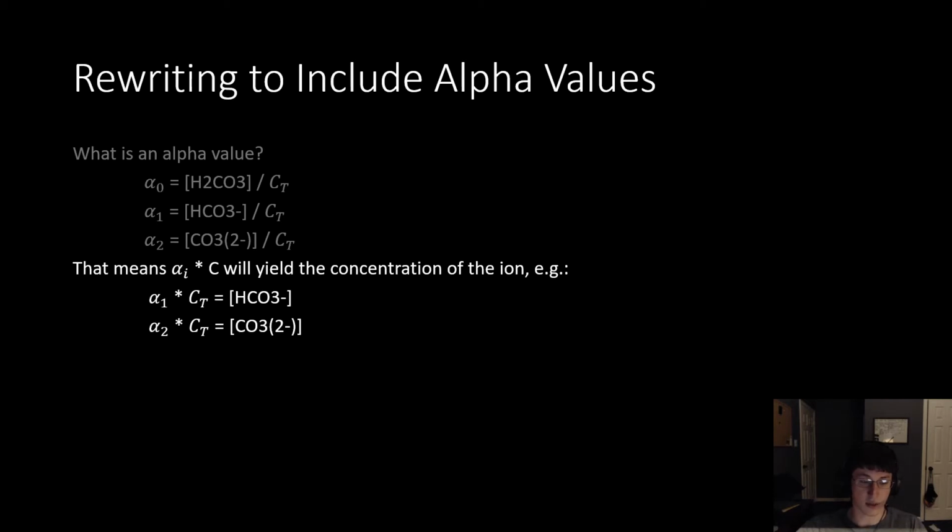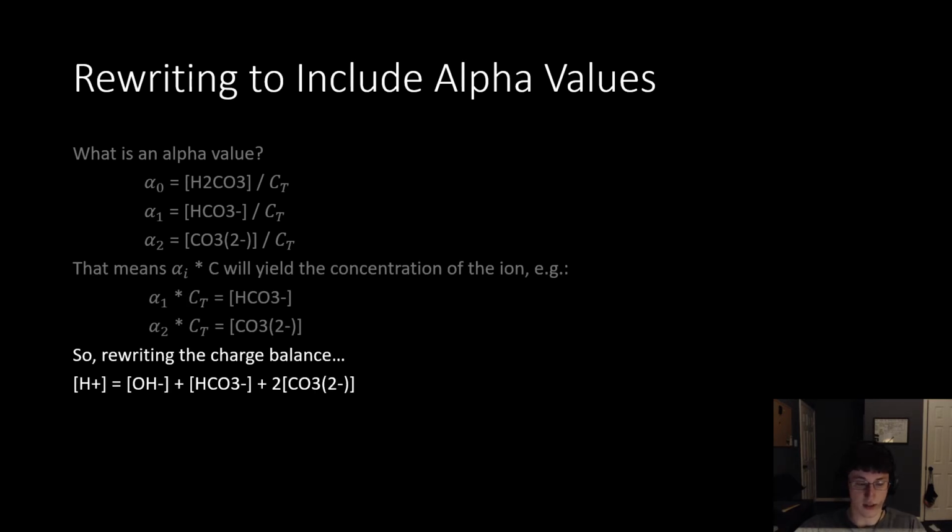Similarly, if we multiplied the alpha 2 expression by the analytical concentration of carbon, we would obtain the concentration of the carbonate ion. Now we can rewrite the charge balance equation. Our original equation, as stated in the previous slide, is hydronium equals hydroxide plus bicarbonate plus 2 times the carbonate ion.